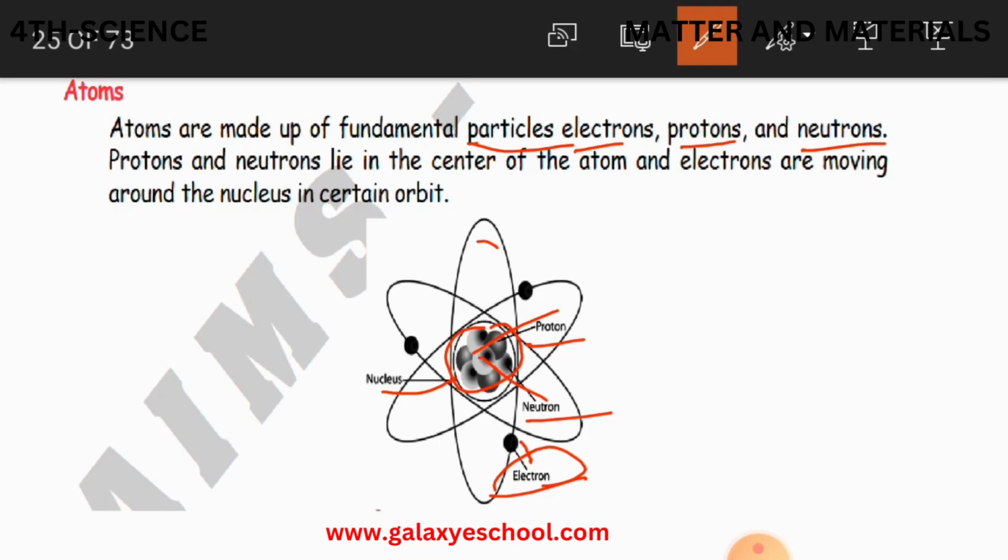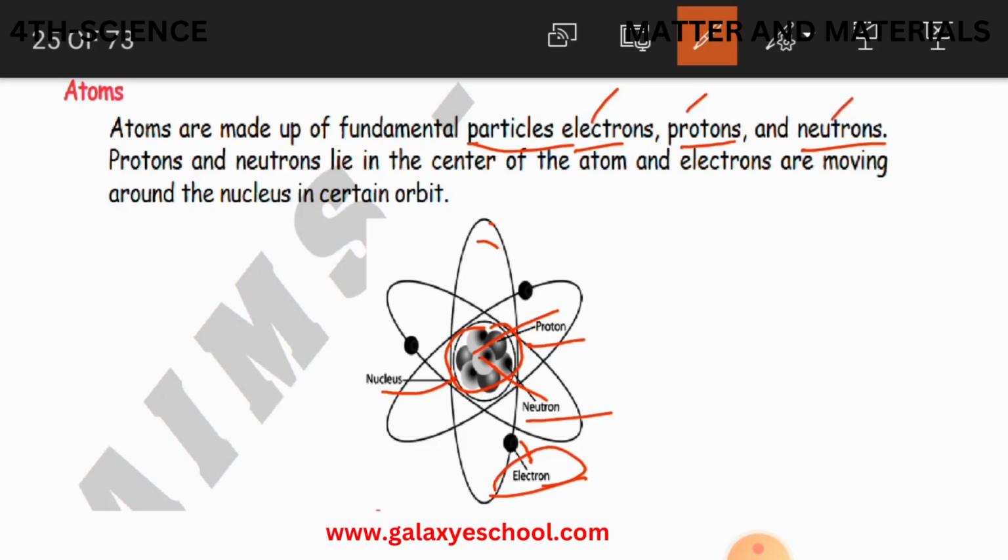They move in a round shape around the nucleus. Clear, children? What you have to remember is atoms are made of fundamental particles, which are electrons, protons, and neutrons.